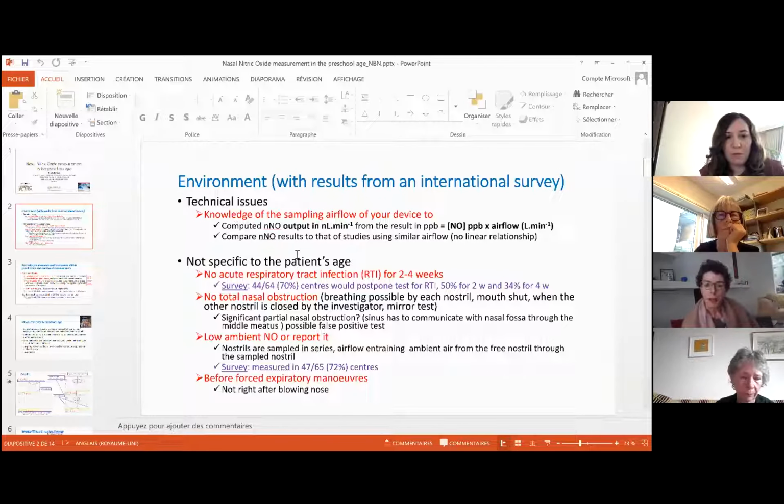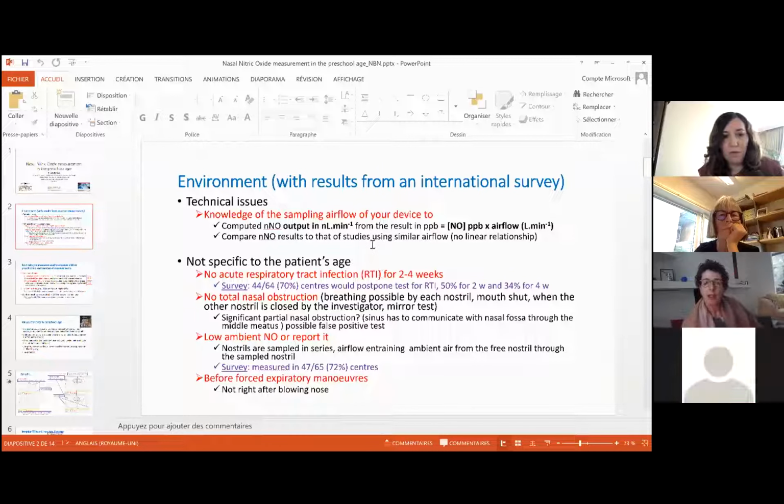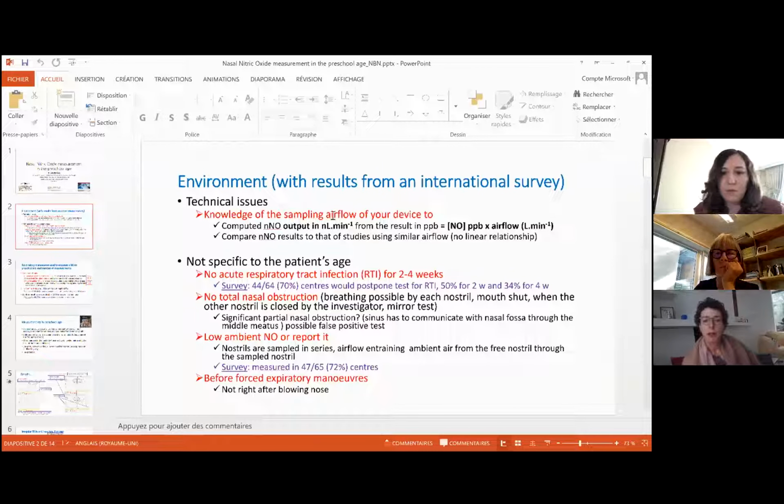So I was stating that you have to know the sampling airflow to calculate the NO output, because it's just multiplying the results you obtain from your machine in ppb, the concentration, by the airflow to obtain the output.